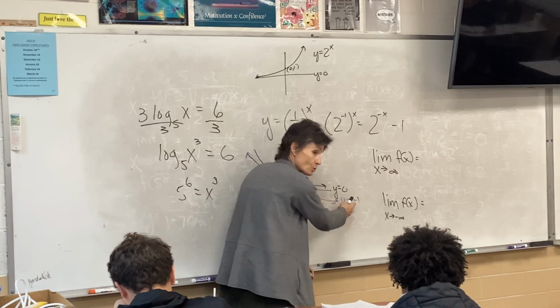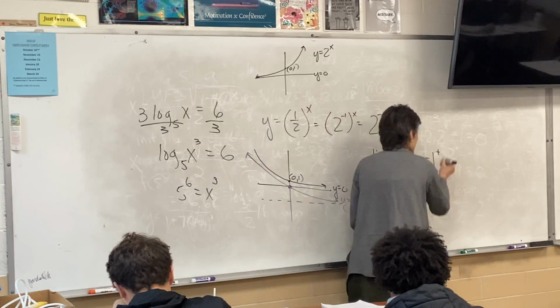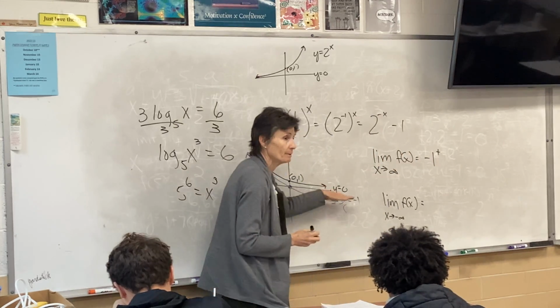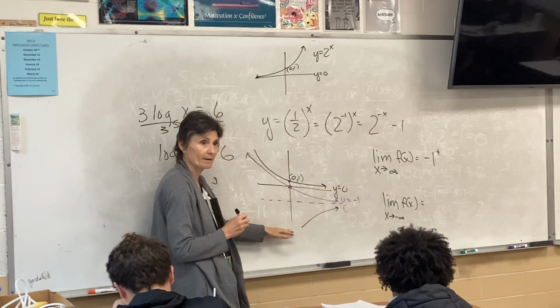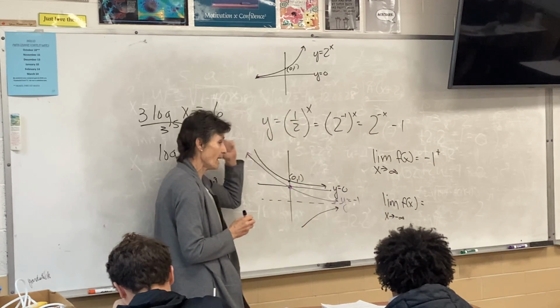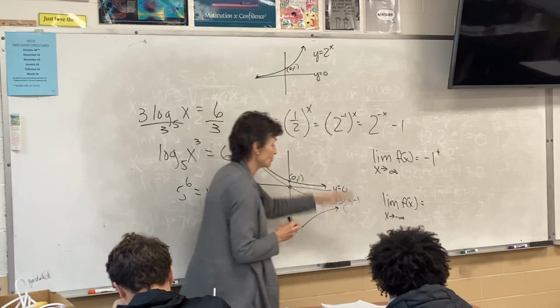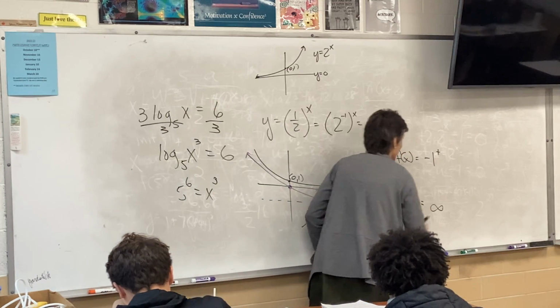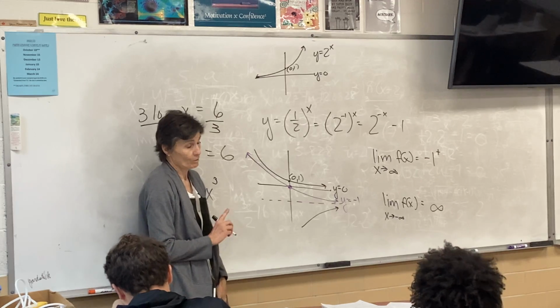We're getting closer to -1 from the top of it. We're coming in from the top, as opposed to something like this, which would be coming in from the bottom. Now, what happens as we go to the left, the other direction? What's my purple curve doing? Going to infinity, shooting up into the air. So there is your end behavior for the purple.